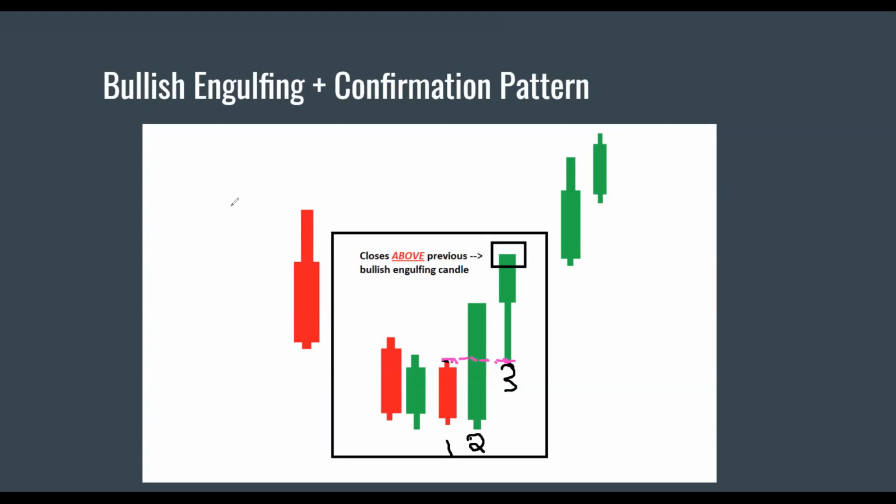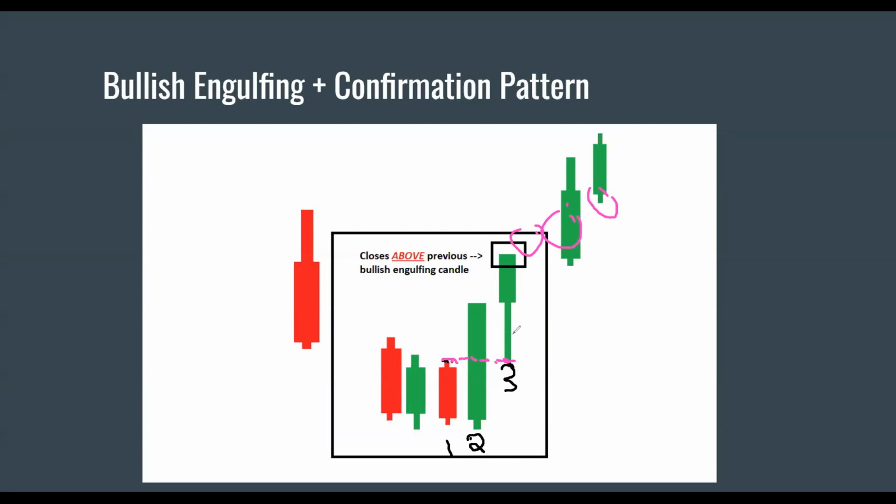Sometimes it's worth waiting for your bullish engulfing, and then waiting for that third candle to crystallize and manifest so you can see if it's confirmed or not. Usually when it's confirmed, you have your entry after here. You start buying here, because you have confirmation on the bullishness that's going to happen.